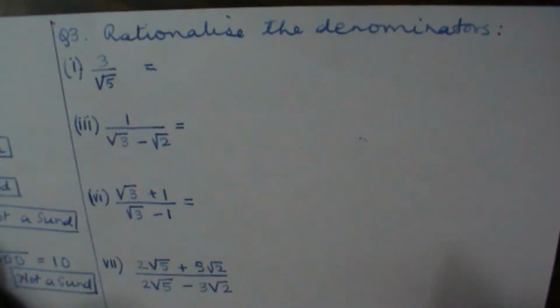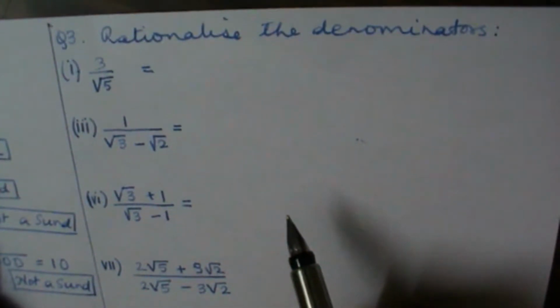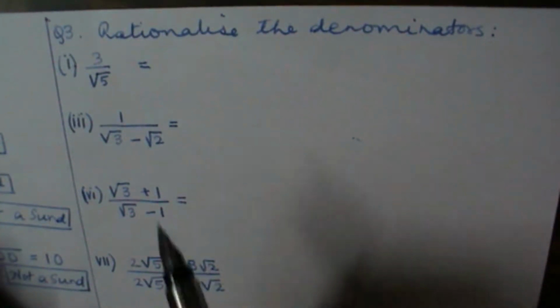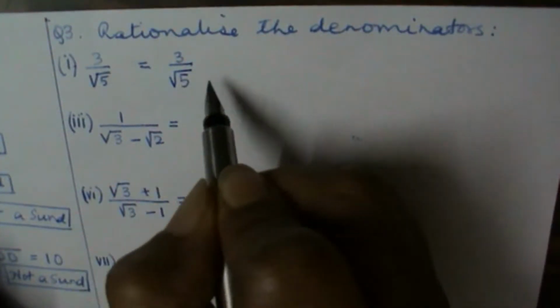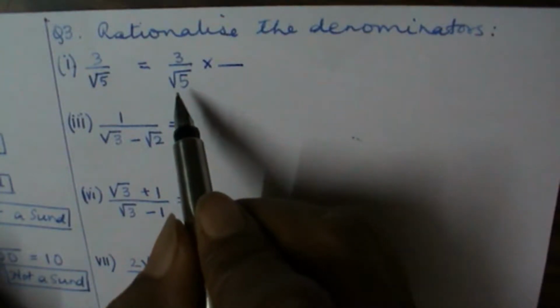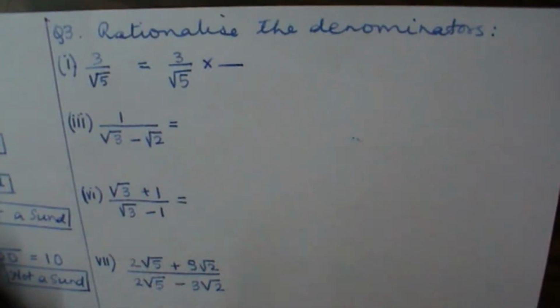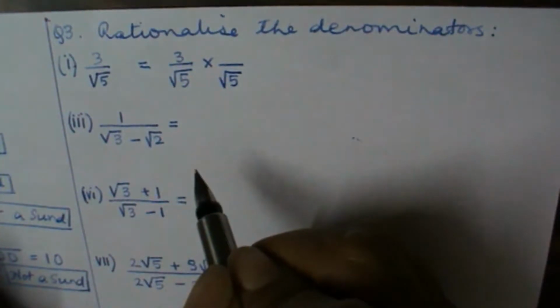The other type of questions based on this are where they tell you to rationalize the denominators. Now when they tell you to rationalize the denominator, you have to take the fraction and look at the denominator being irrational. If it is root of 5, I need to multiply this also by root of 5.